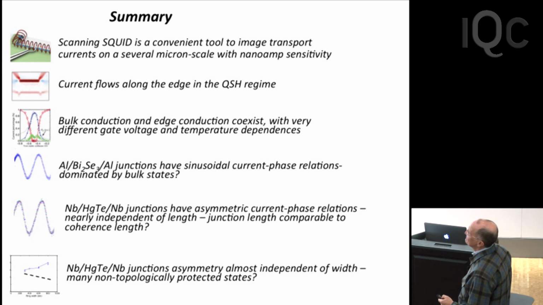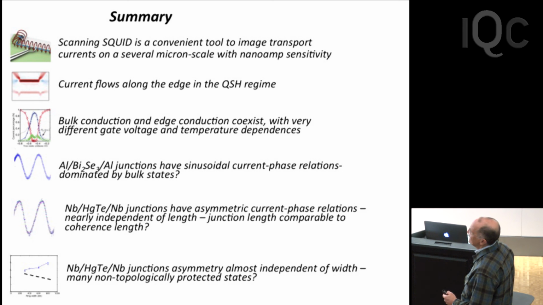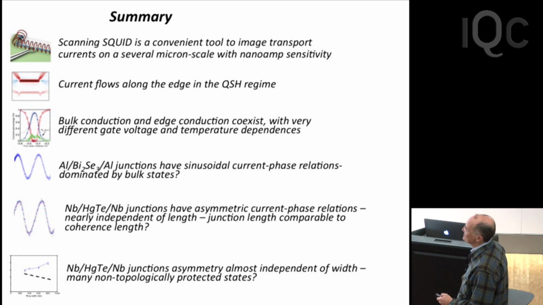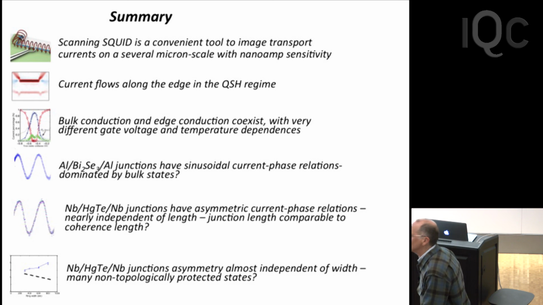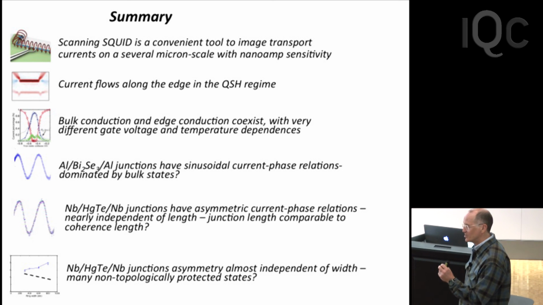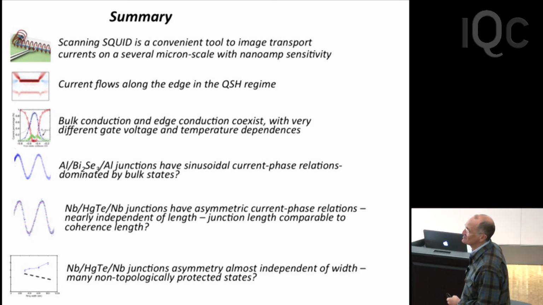If you do the same experiment with mercury telluride junctions, they have asymmetric current phase relationships, which are nearly independent of length. And that, I put a question mark here, may mean that the junction length is comparable to the coherence length. So we're talking about coherence lengths of Cooper pairs in the topological insulator comparable to the length of the junctions, which are some fraction of a micron.